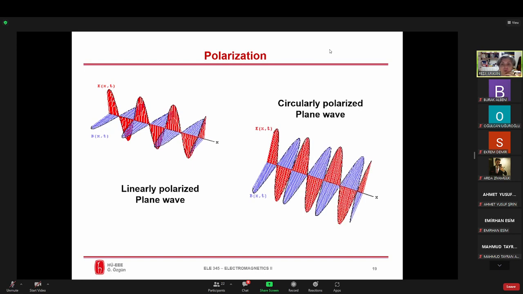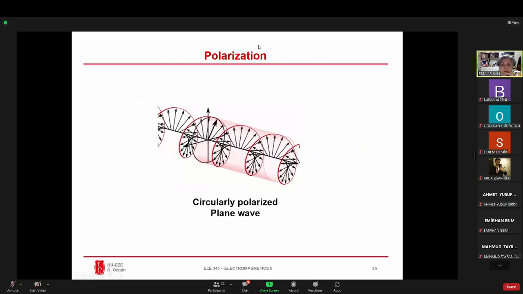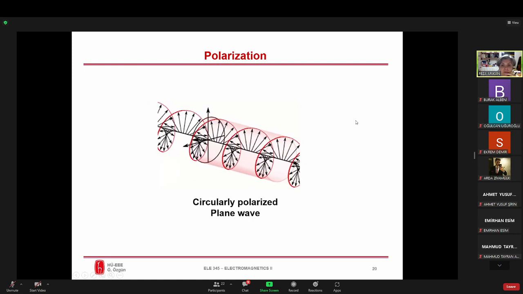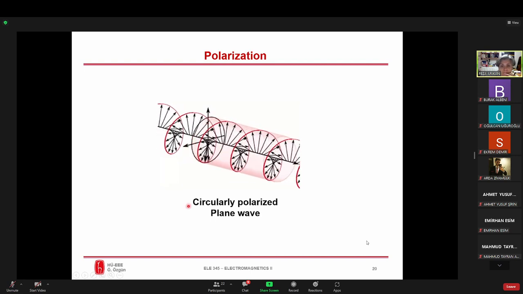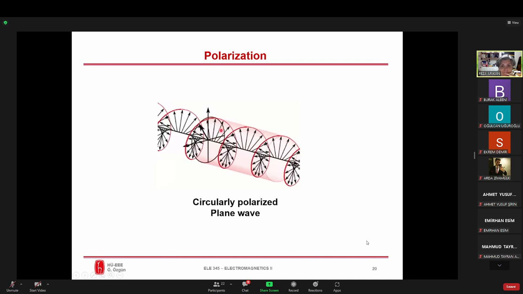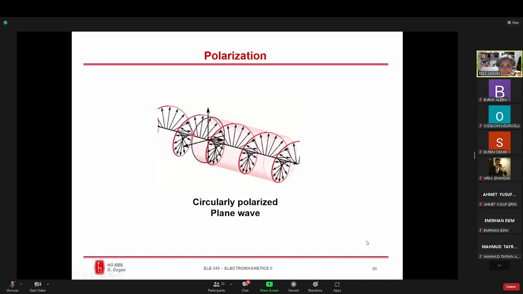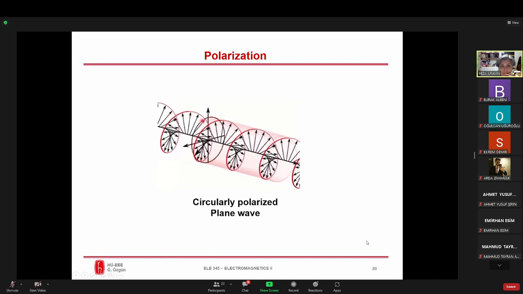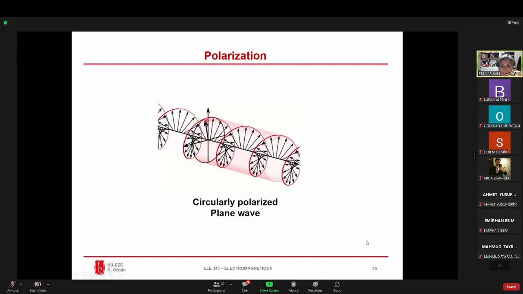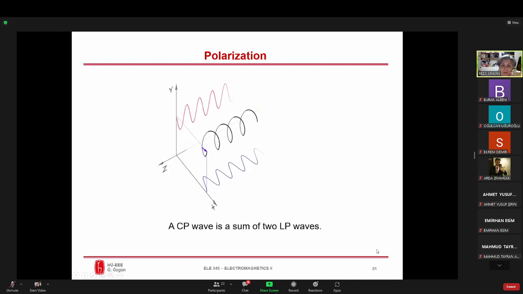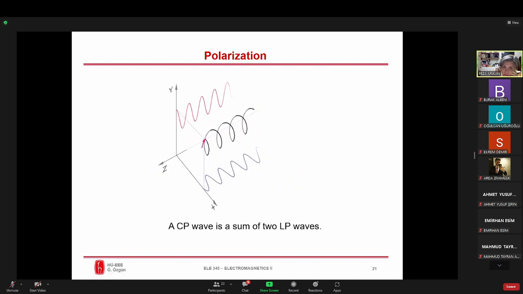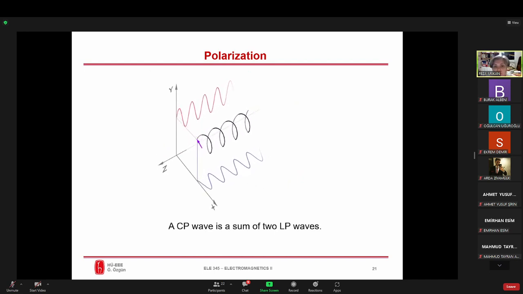This polarization is also used in optics. This is a circularly polarized wave again. And a circularly polarized wave can be written as a sum of two linearly polarized waves.